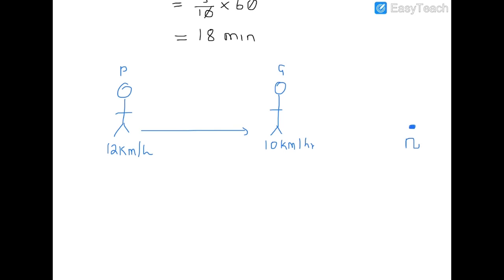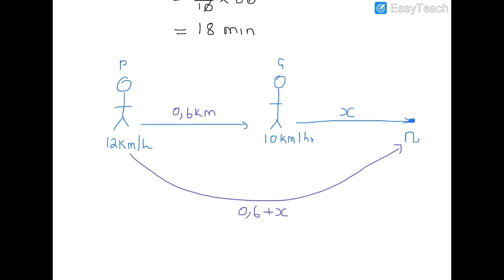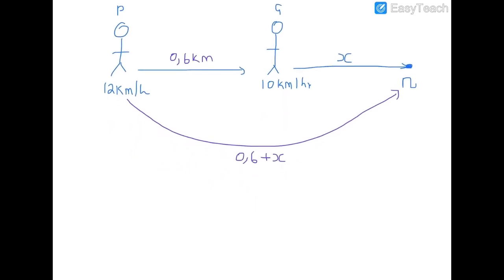So Gert is a certain distance X kilometers away from N. Now, Pete has to cover a distance of, remember, 0.6 kilometers plus X for him to catch up with Gert at point N. But Gert only has to cover X kilometers until Pete catches up with him.